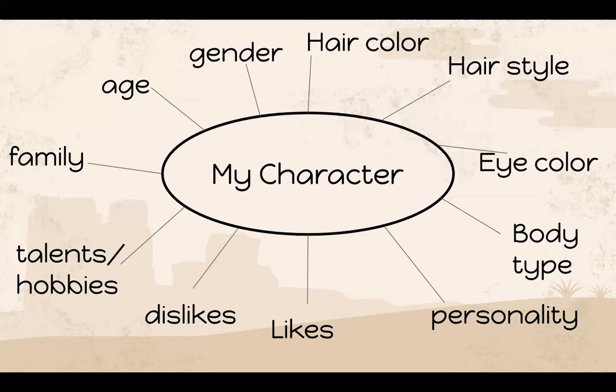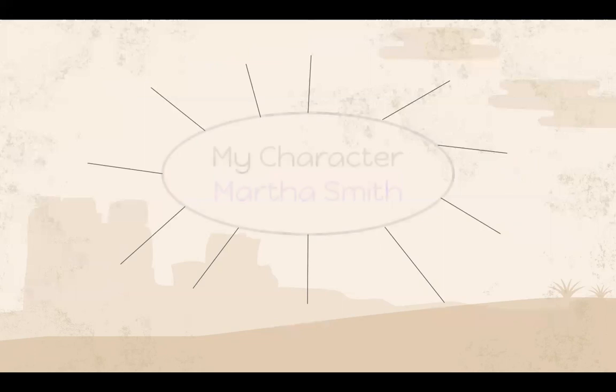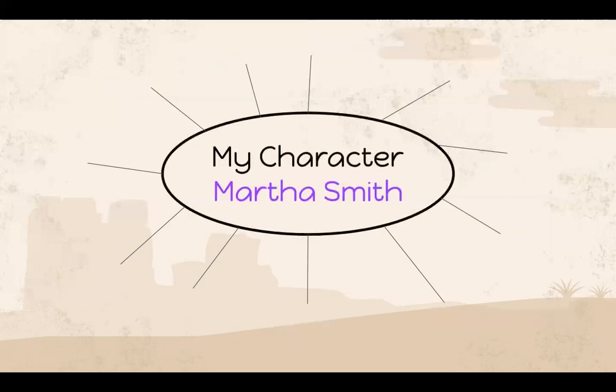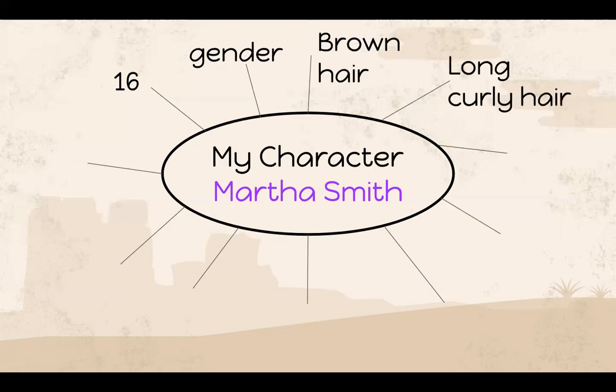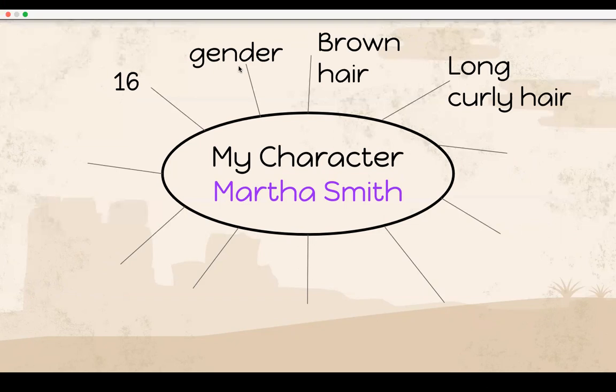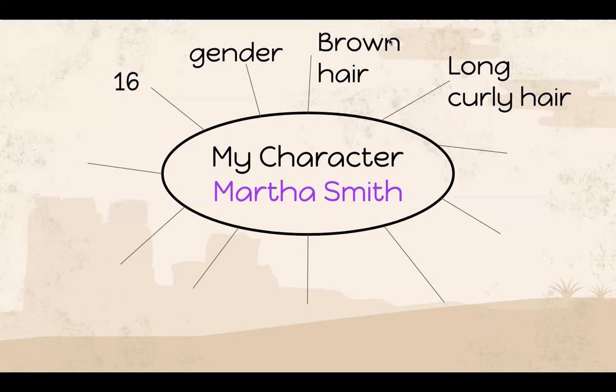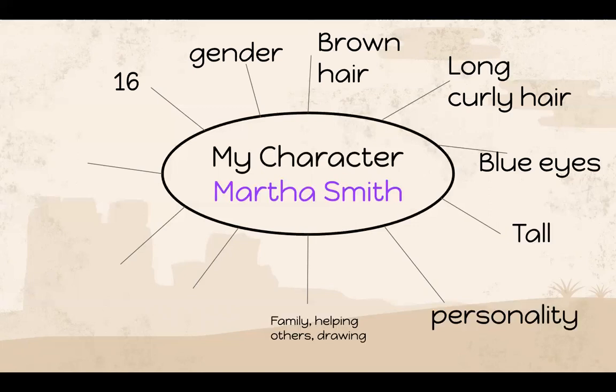I do have an example here of one that I did for a potential character, and I named this character Martha Smith. And for my brainstorm, I said that she's 16. She is, it should say a girl for gender. She has brown hair and it's long and curly, blue eyes. She's tall. For her personality, I would put here that she's a really kind person and she enjoys helping others.